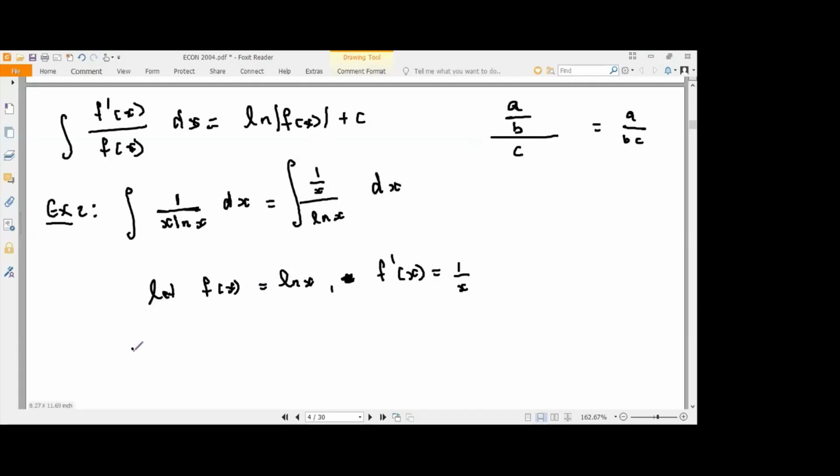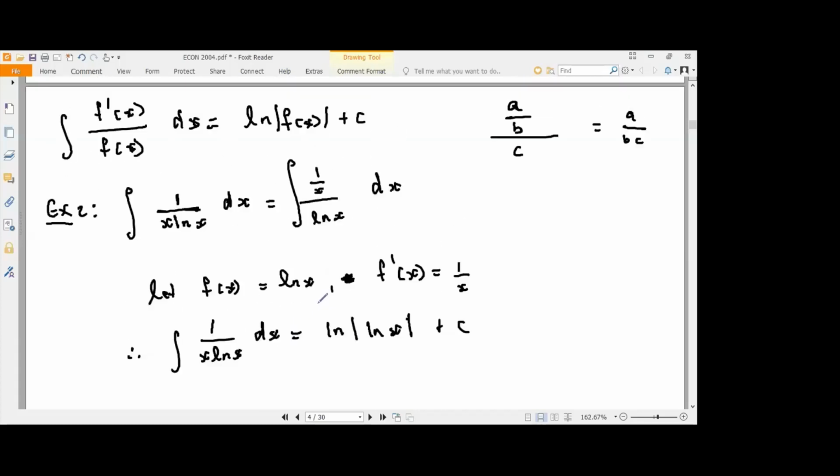When that's the case, it tells me that therefore the integral of 1 over x ln x dx is simply going to be ln mod of what's in the denominator, ln of x mod, plus c. Now I know that you're probably wondering, but how am I going to have ln of ln x? It's very much possible. You're just taking the value of ln x and plugging it into another ln function. It's very much possible. So that's how you do that question.